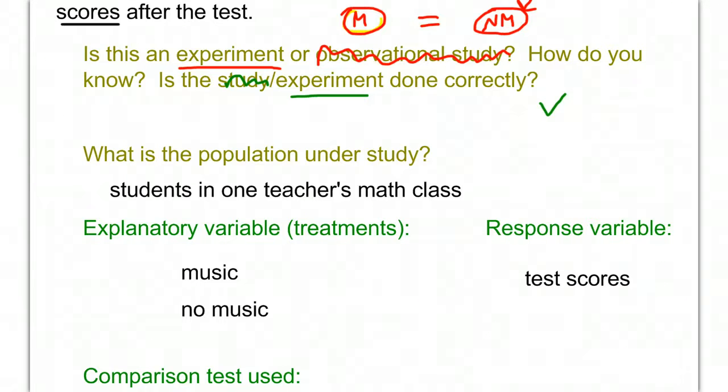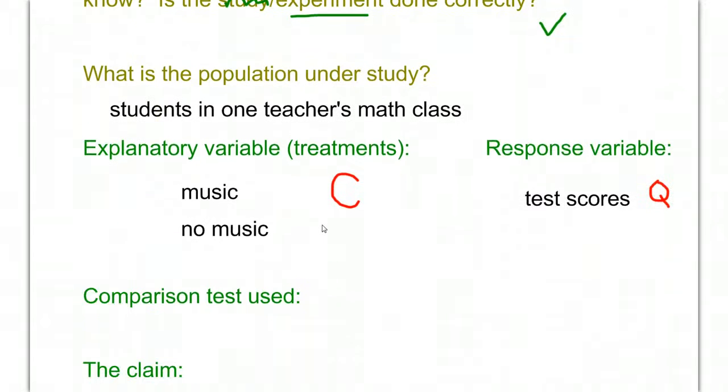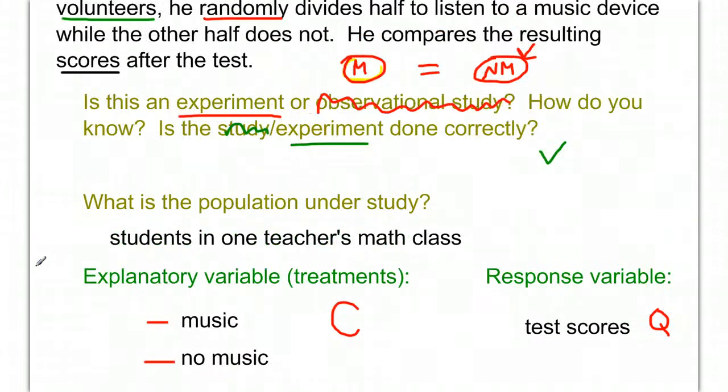Now, as far as figuring out if each of these is categorical or quantitative, since these are two treatment groups, non-numeric, we're going to say that this is categorical. Test scores are going to be a number, so they're going to be quantitative. Now, categorical and quantitative paired up together, we're thinking Unit 5, the different tests available to us. There's exactly two treatment groups, and it says nothing about matched pairs.